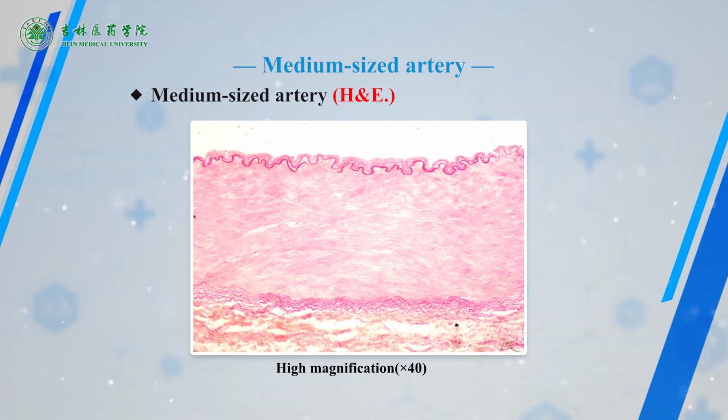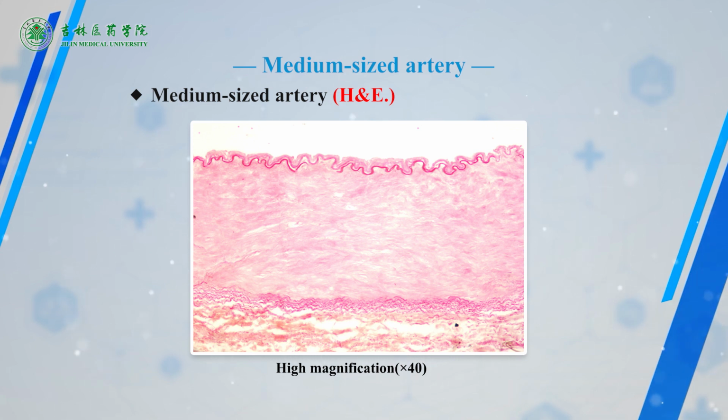The nuclei of endothelium are fusiform or ovoid, slightly protruding into the lumen. Next to the endothelium is the subendothelium layer, a very thin layer of slightly stained connective tissue.